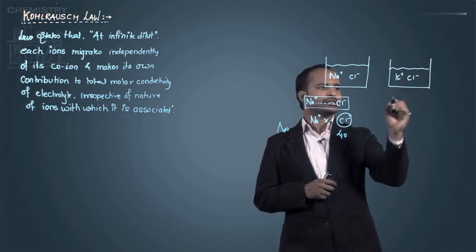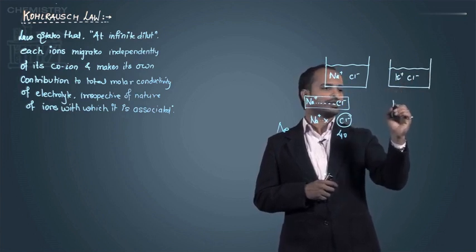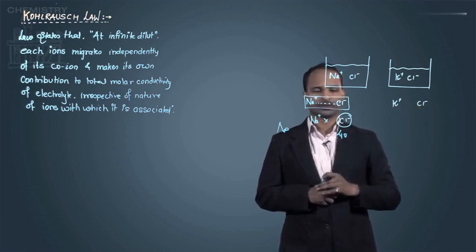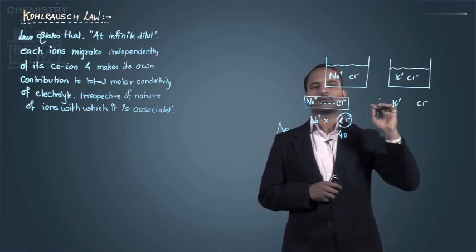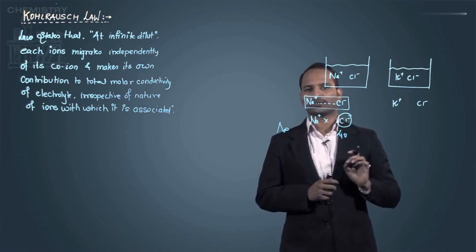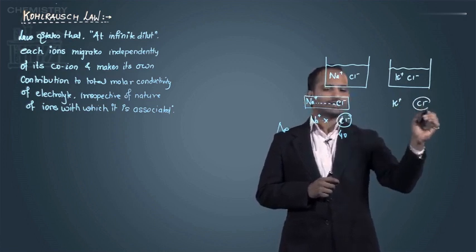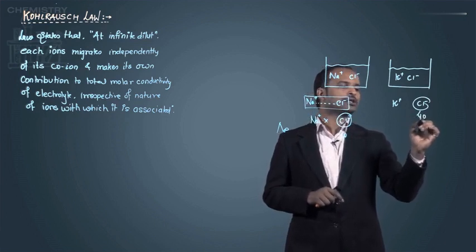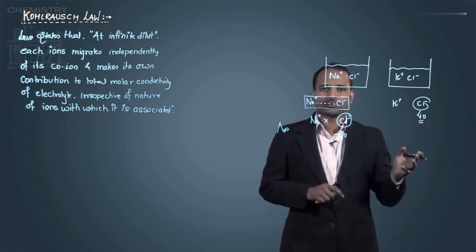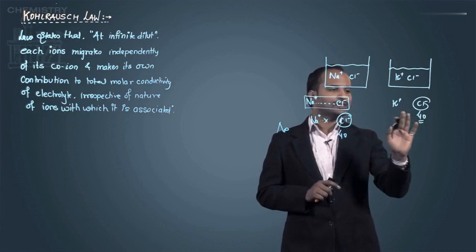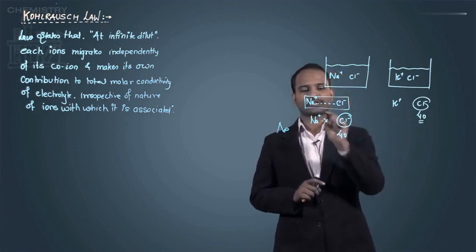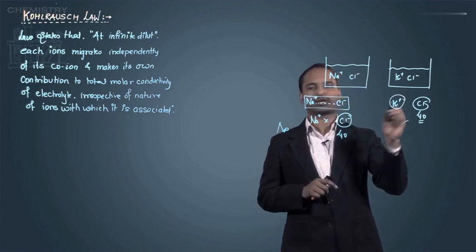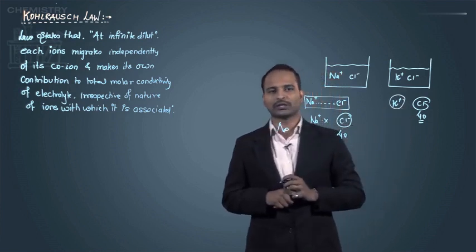In this case, with K plus and Cl minus ion, the conductivity will depend on K plus and Cl minus, and again there is no interaction between them. Again I am talking about the molar conductivity at infinite dilution. In that case, if the Cl minus ion conductivity is 40 here, then the Cl minus ion conductivity will be 40 in this case also, because the Cl minus ion's conductivity is not affected by the other ion, whether it is sodium ion or potassium ion, as there is no interaction between them.